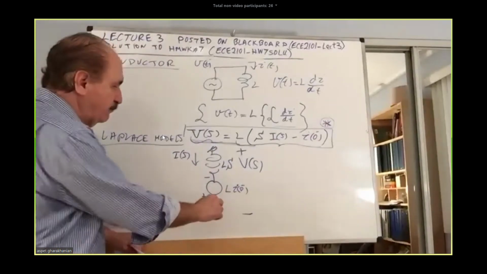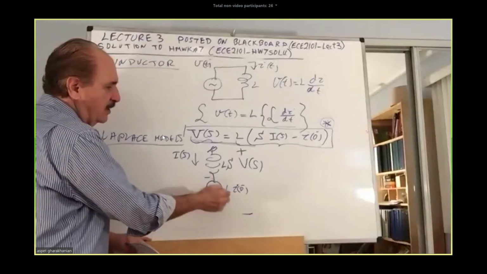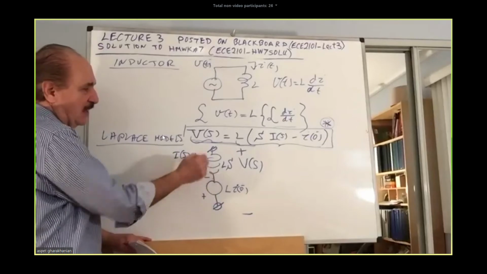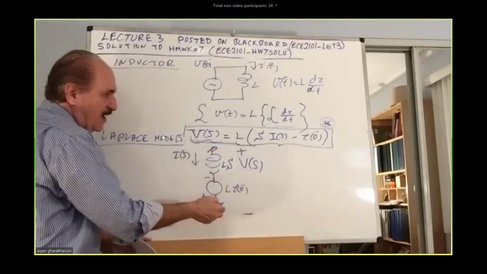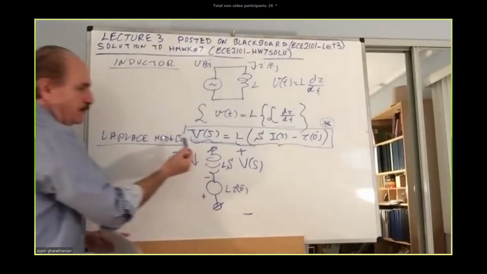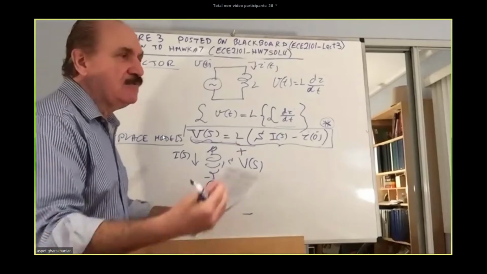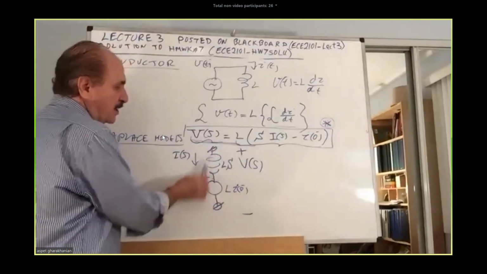Simply apply the potential law, KVL, go from here to there, L I of 0, go from here to there. It will be I of s times Ls, and then go from here to low, minus V of s. It will be that line, basically. So this is the series model presentation of the energized inductor.